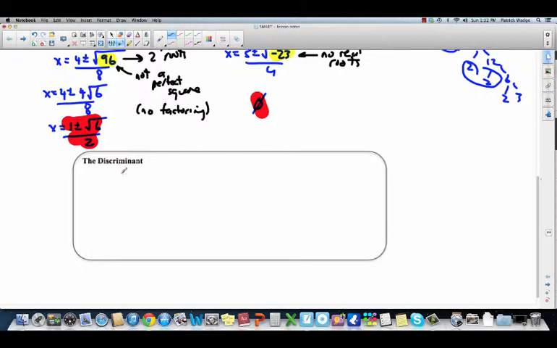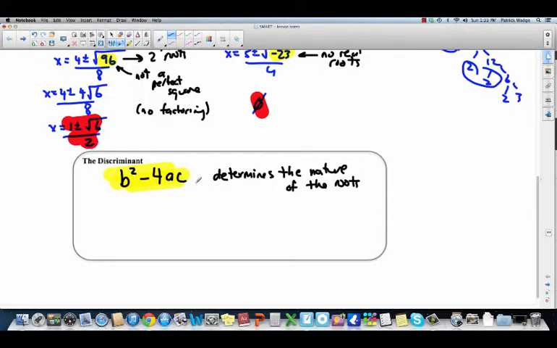Okay, so the discriminant is b squared minus 4ac. That's the discriminant, and it determines the nature of the roots. The nature of the roots, like what kind of roots do we have? So if b squared minus 4ac is bigger than 0, in other words, if it's positive, there are two real roots, or two real solutions.